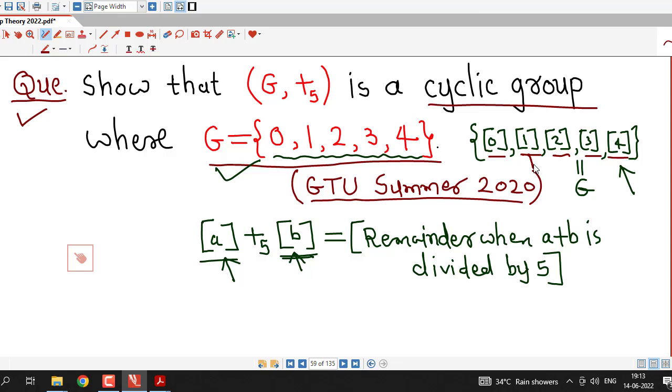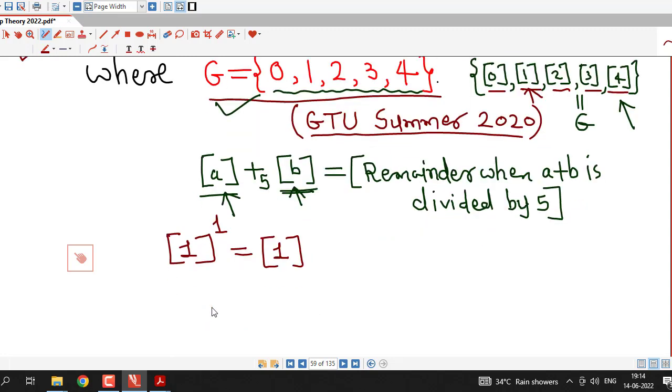So we can start with the equivalence class generated by 1. Suppose we consider the equivalence class generated by 1, and if we find the first power of 1, then we will obtain 1 because it is a single power. So we have written 1 as the power of 1.